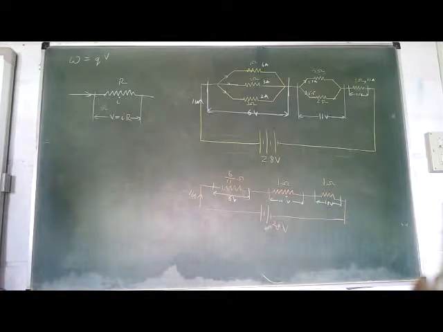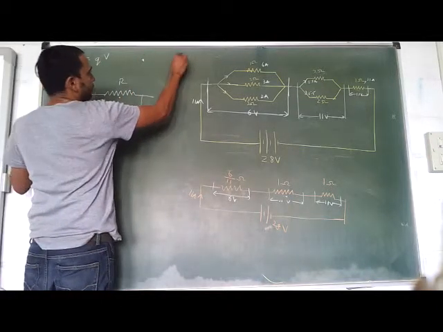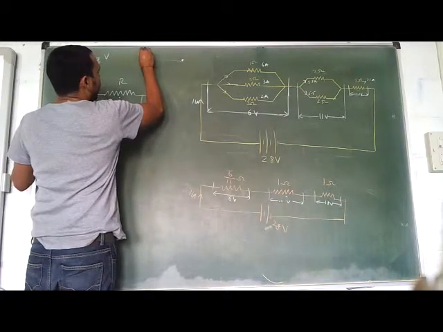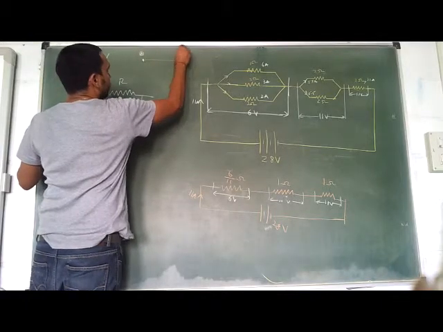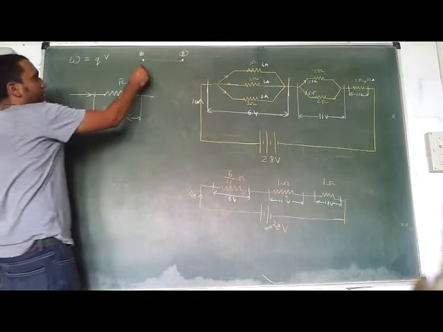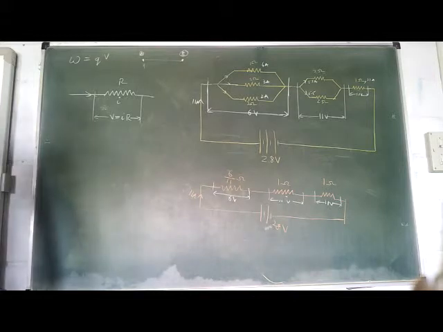Work was what? This is point A and point B. The amount of work done in moving charge Q from this point to that point was the energy stored in the body, or the potential energy difference.